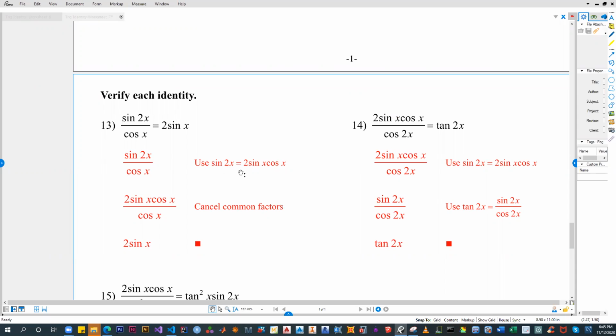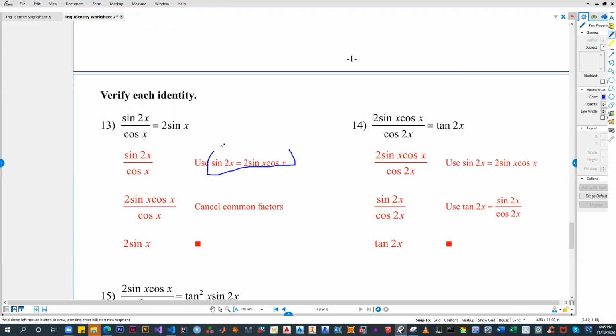So sine 2x equals 2 sine x times cosine x. After you know this, put that in here, and then cancel the cosine, obviously, from what you have here. And then you'll get that, which is really simple.